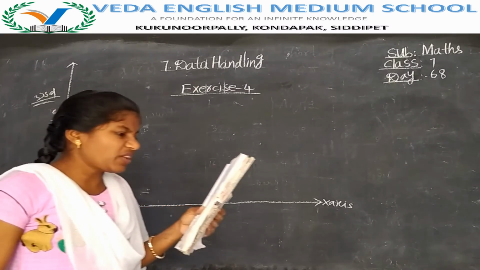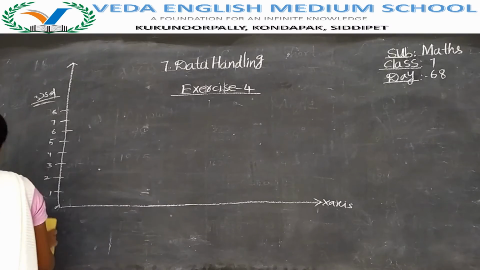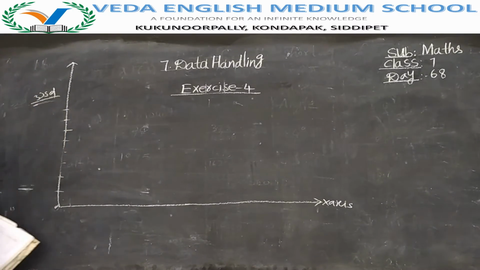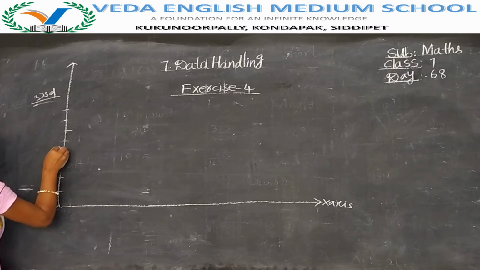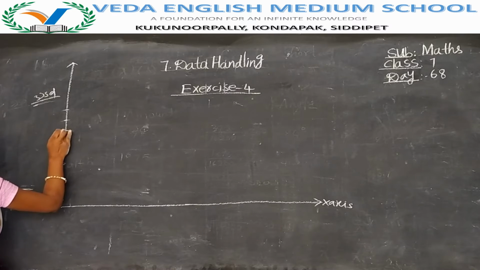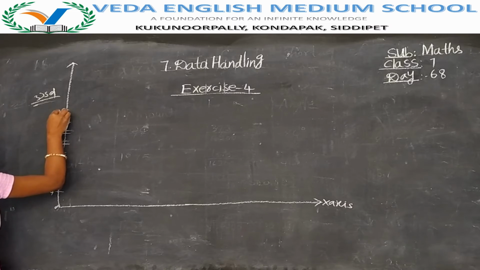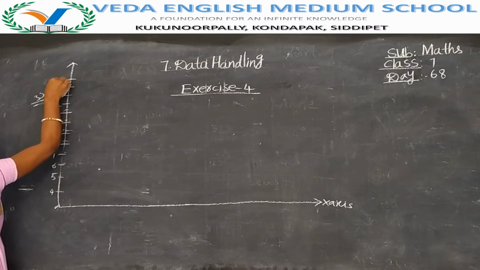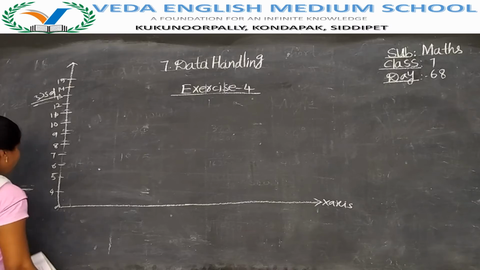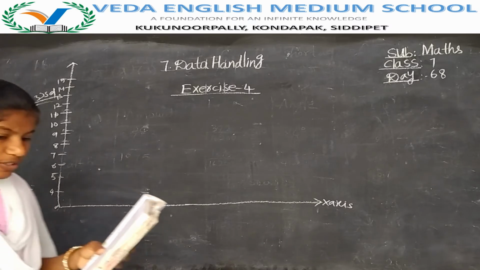The smallest number here is 6, so we will start from 4 onwards, it is better: 4, 5, 6, 7, 8, 9, 10. Simply I am writing, but on the bar graph 10, 11, 12, 13, 14, 15. Like this you will take and draw. Otherwise the space here is not sufficient.